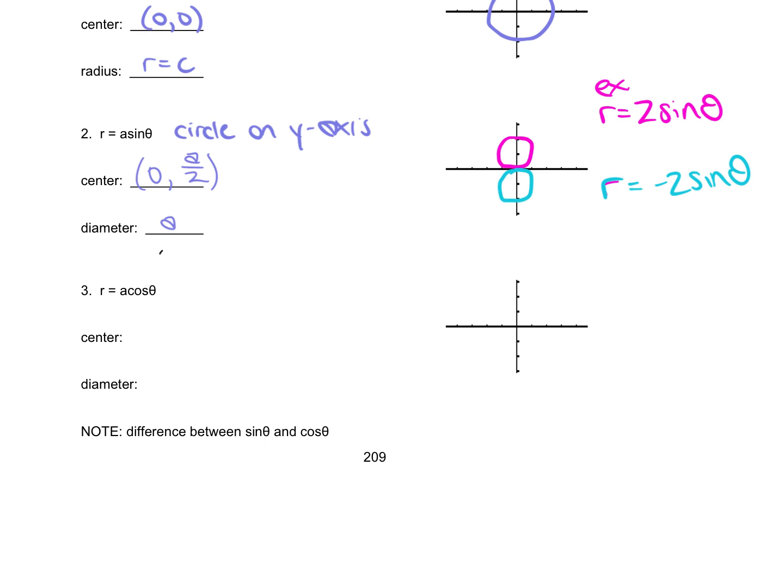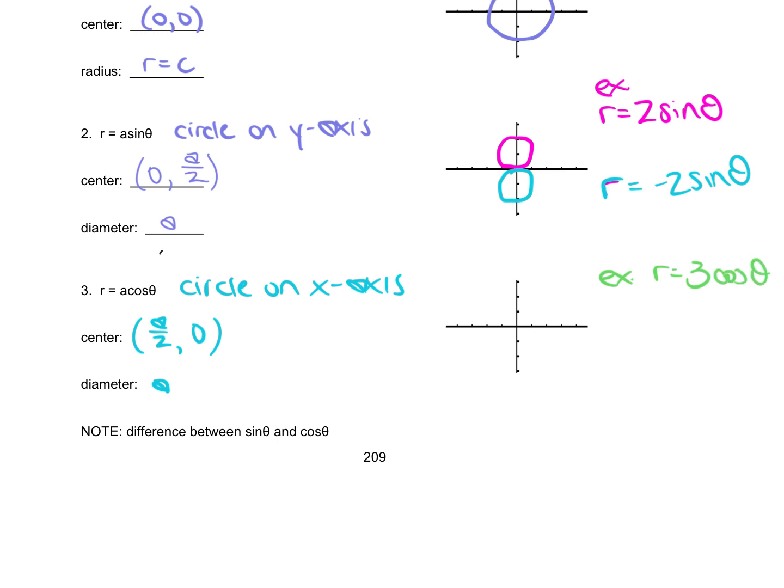So on this one, this would be a circle on the x-axis. The center will be a over 2, 0. The diameter will be a. So an example for this one: if I gave you R equals 3 cosine theta.